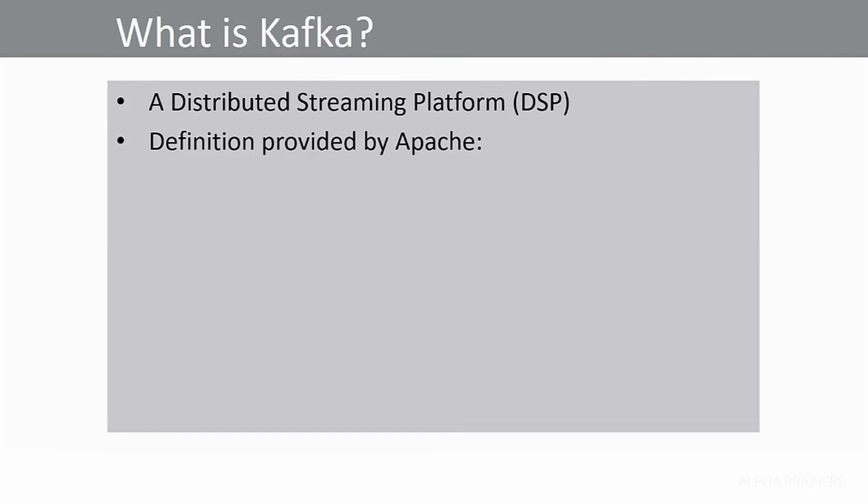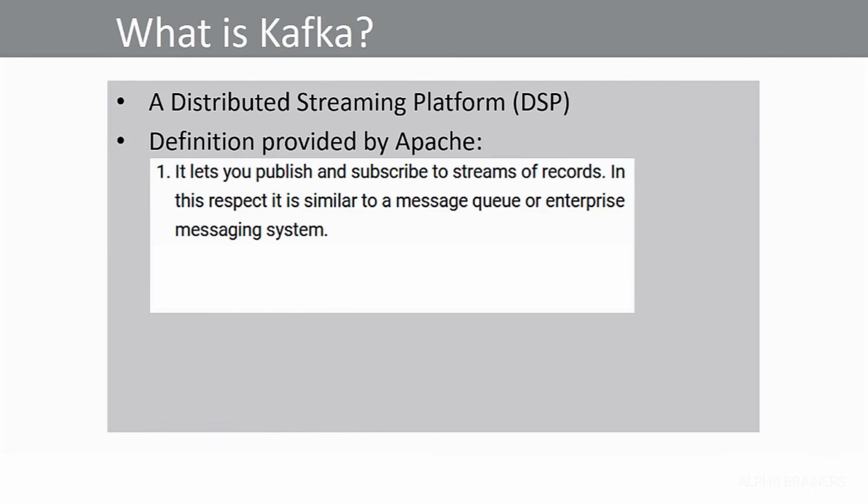So what exactly is Kafka? We already mentioned that the whole goal of Kafka was to create a distributed streaming platform, so a DSP. The definition provided by the Apache Foundation is pretty telling, I think. It points out that Kafka allows you to publish and subscribe to streams of records. Now, the term publish and subscribe is something you'll see in other types of distributed streaming platforms out there. I'll talk about some of those in a future lesson.